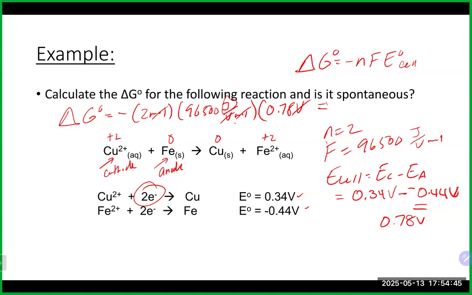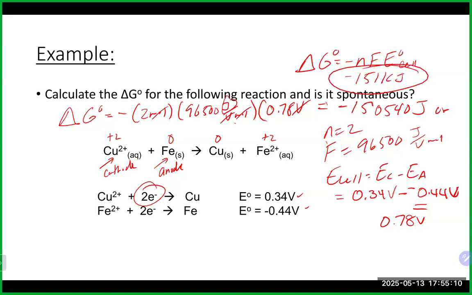So 2 times 0.78 times 96,500 is going to yield us negative 150,540 joules. Or since delta G is usually given in kilojoules, about minus 151 kilojoules, with a little bit of rounding.